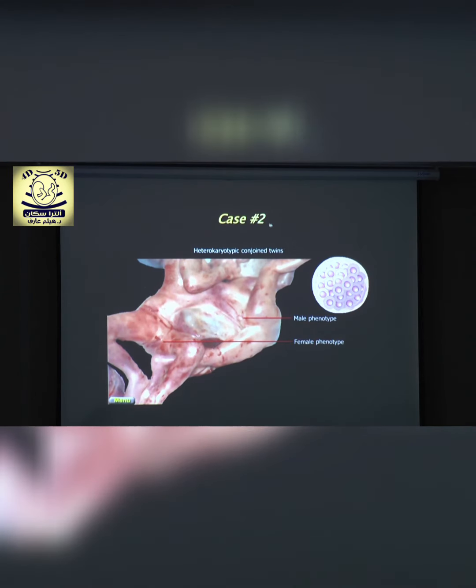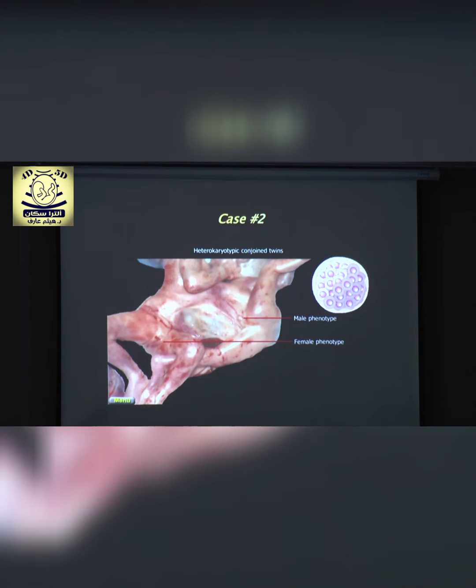Because from the original cell mass, you have a loss of a Y chromosome. This was a 46XY chromosome. It turned into heterozygotic conjoined twins. So one cell line continues as 46XY, the boy, and the other cell line loses the Y chromosome, and now we have 45X0, the little Turner syndrome.